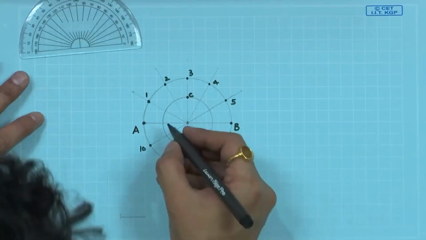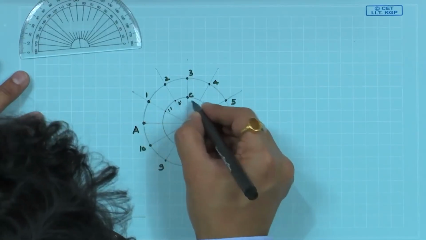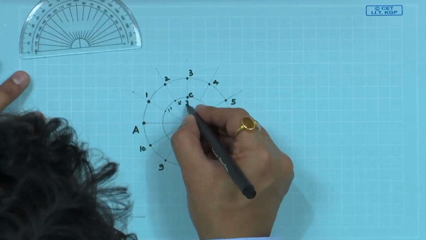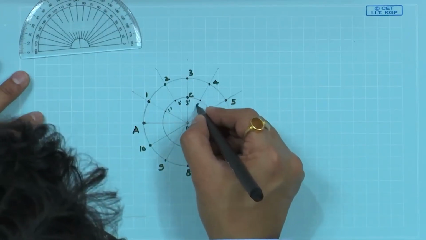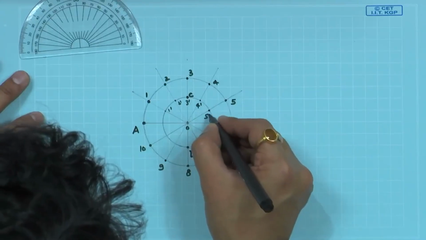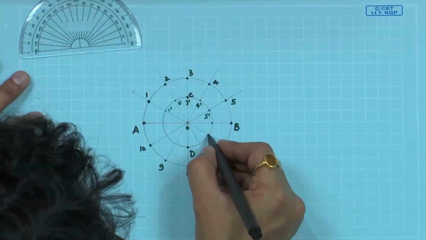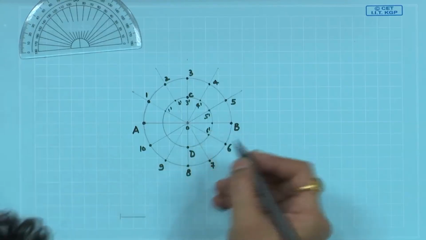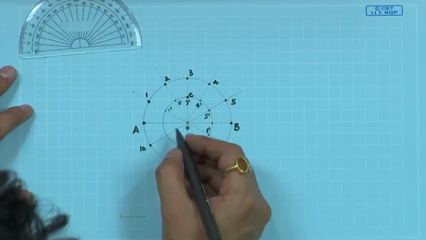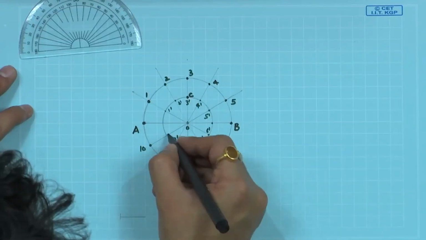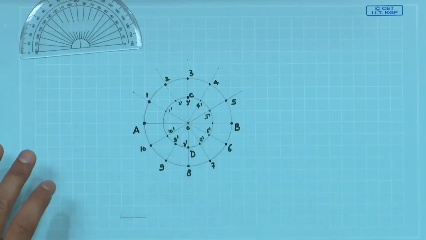Similarly, inside points 1 prime, 2 prime, 3 prime, which is C point. Next one is 4 prime, 5 prime, and this is 6 prime. B, any point is there. So, let us call 6 prime, 7 prime, 8 prime, 9 prime, 10 prime, done.